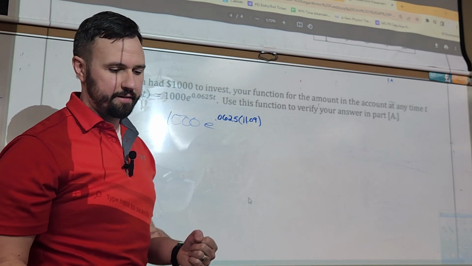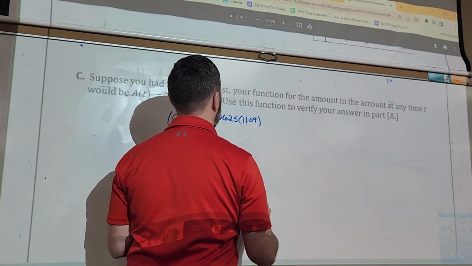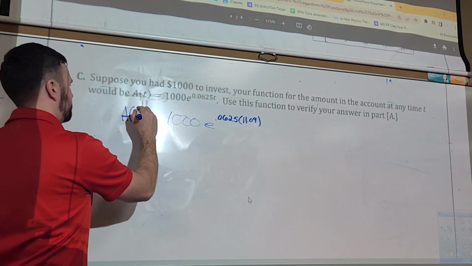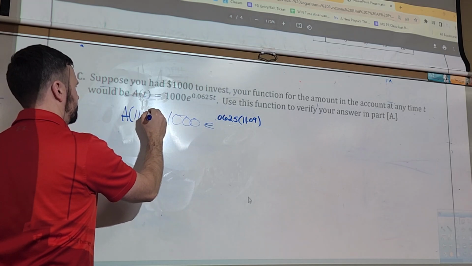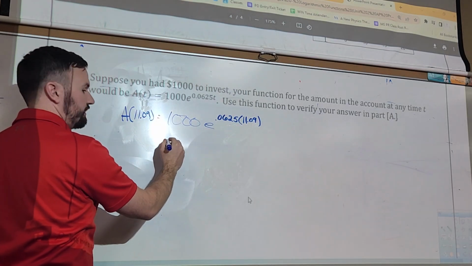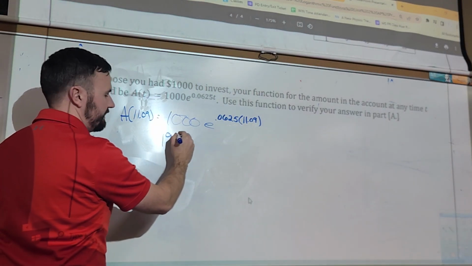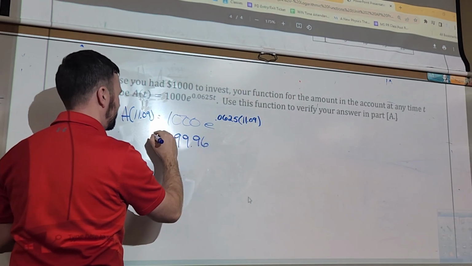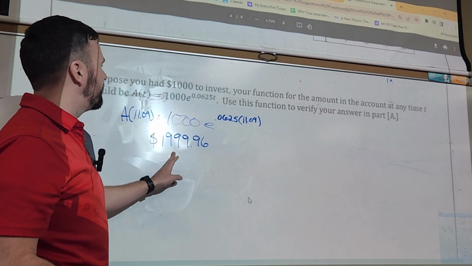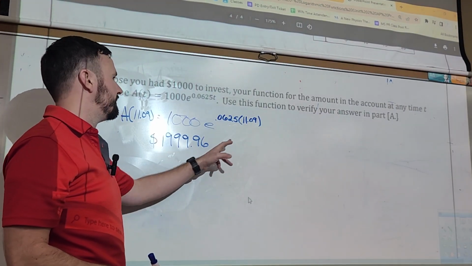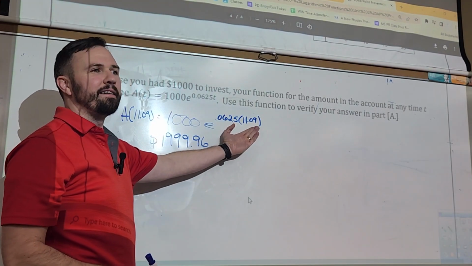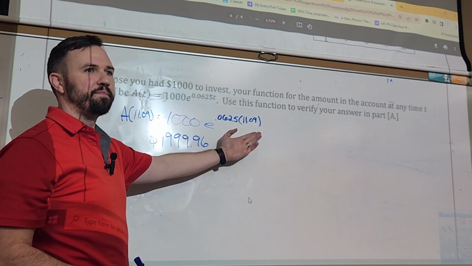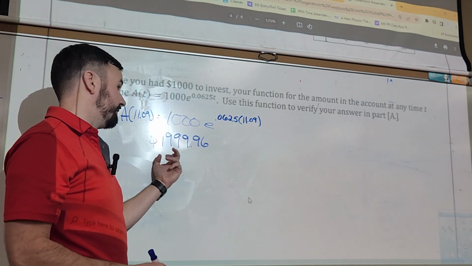And what should I get? Guess what I do get? 1999.96. Why isn't this the exact same as 2000? Yeah, I had to round, right? Rounding makes a 4-cent difference.